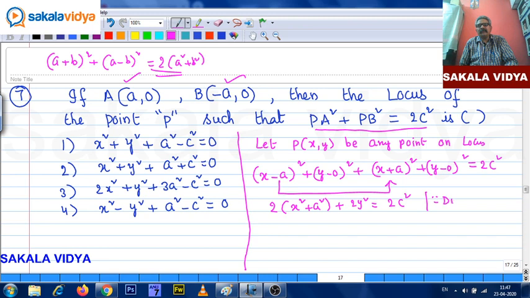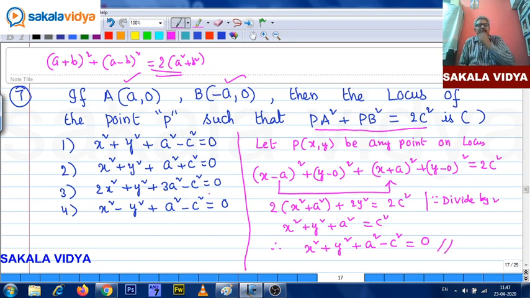Divide by 2. What do you get now? x square plus y square plus a square equal to c square. Therefore, x square plus y square plus a square minus c square is equal to 0. So, which is the right option? It is the first one.